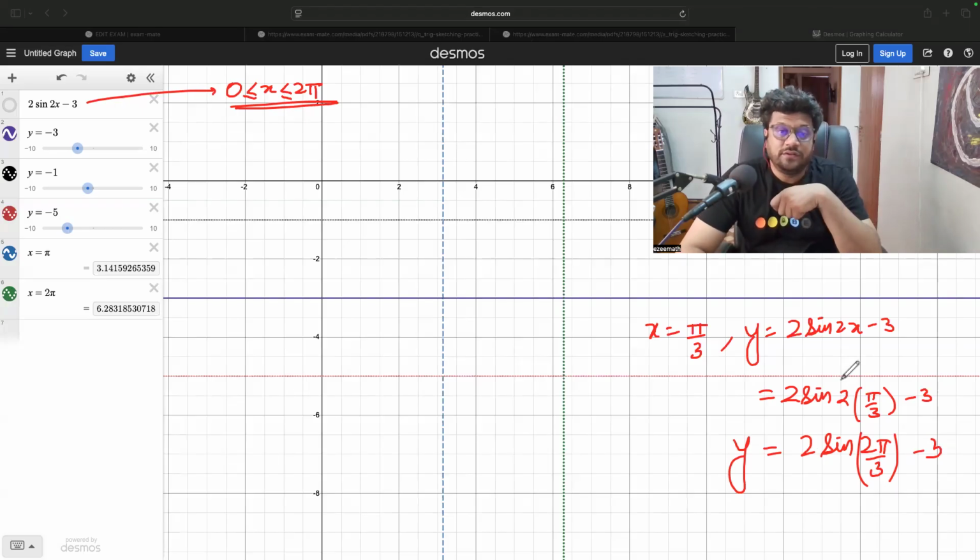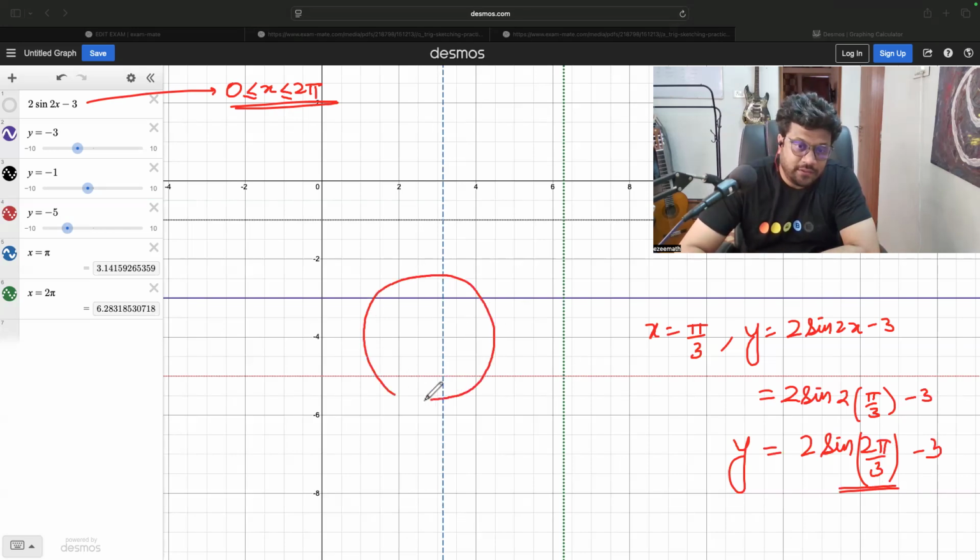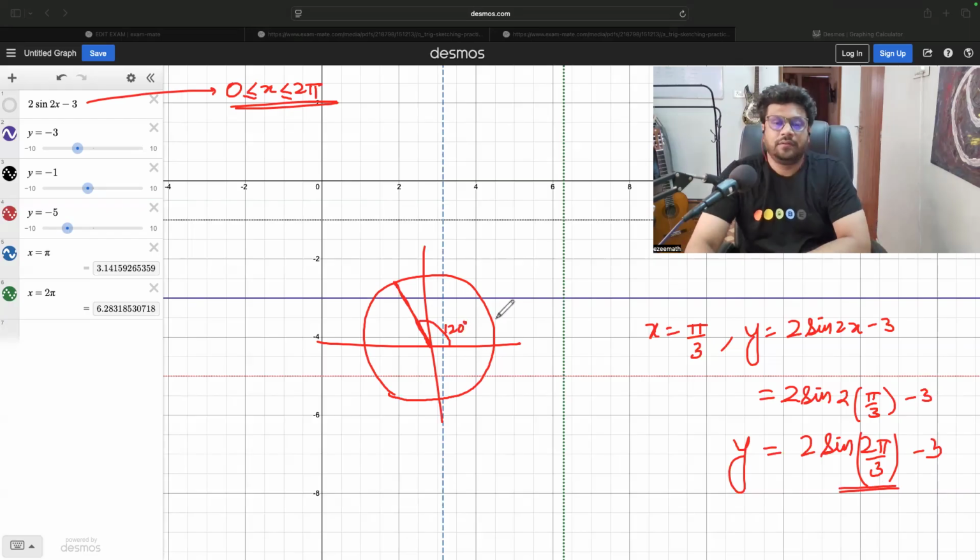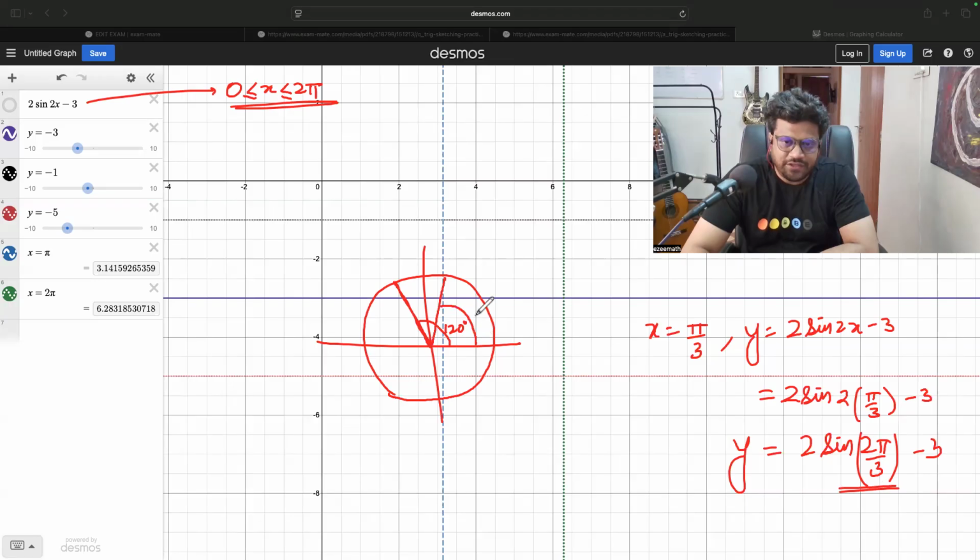There are videos where you can go and see how one can obtain sine of 2 pi by 3 without a calculator. Well, on the unit circle, 2 pi by 3 is going to be somewhere there, basically 120 degrees. And it's the reflection of the 60-degree line about the y-axis.